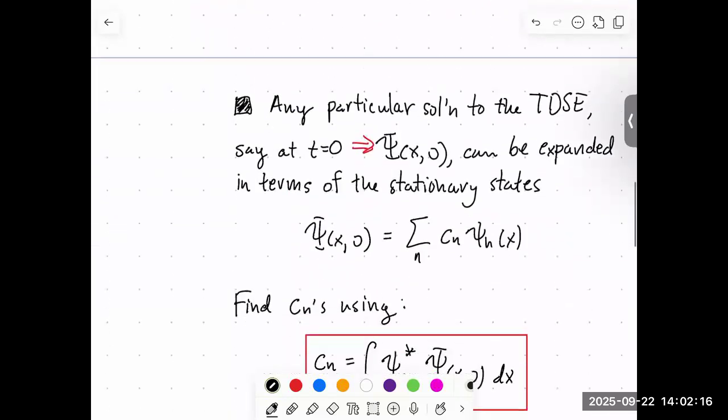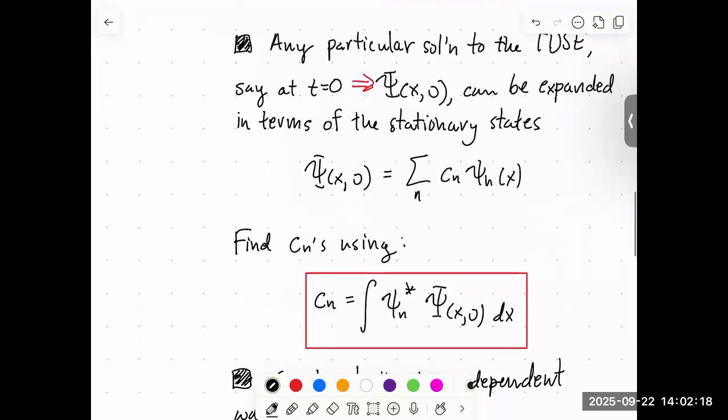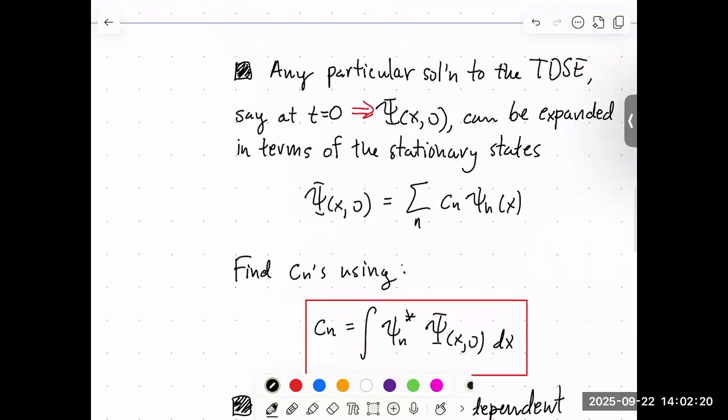Then we said that any particular solution to the full time-dependent Schrodinger equation can be expanded in terms of these stationary states. Here's a solution at t equals 0, written as a sum of Cn times little psi n.